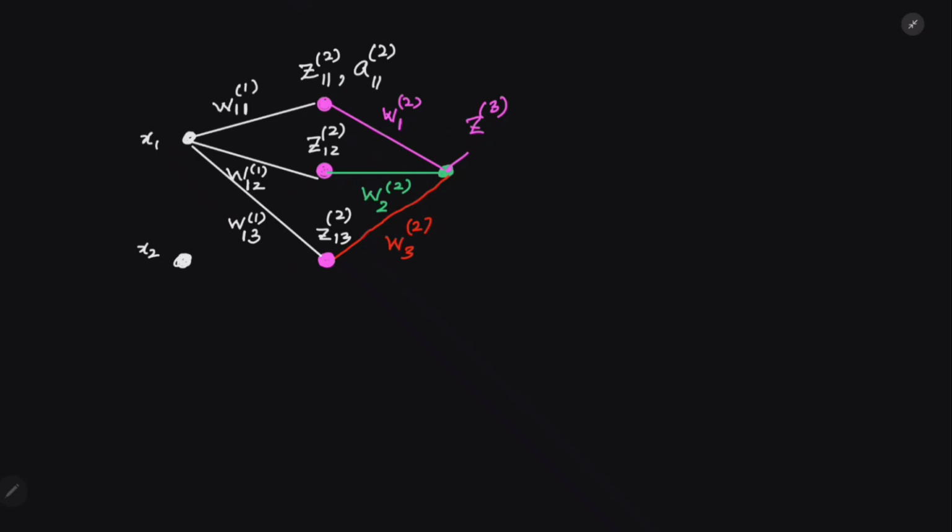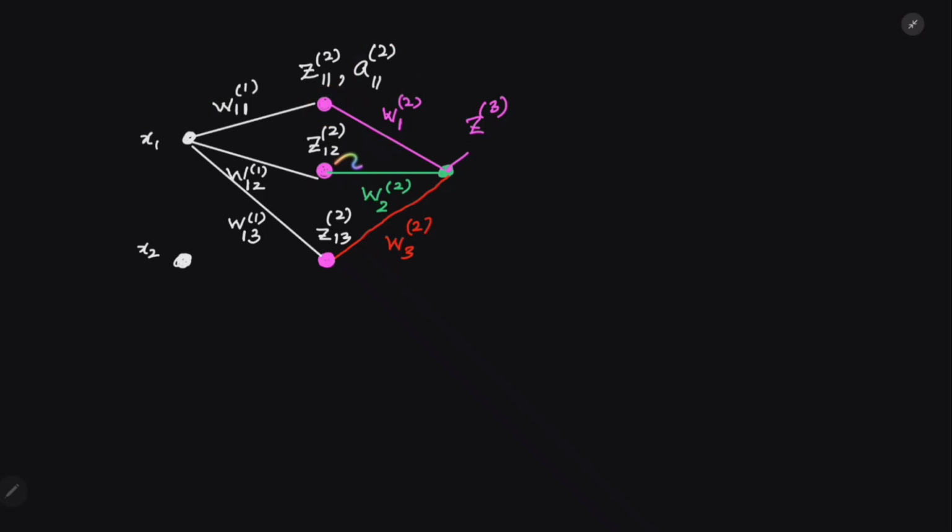I did not write a connection from input x2 to the hidden layer's neurons. When we reach here, you need to multiply x1 with the weights, and also add the bias, which is just an addition. After that, you have to apply the activation function to get the answer for the first neuron.